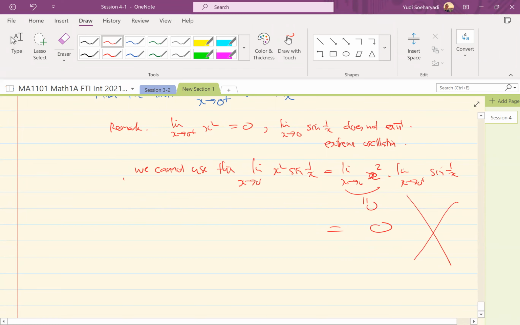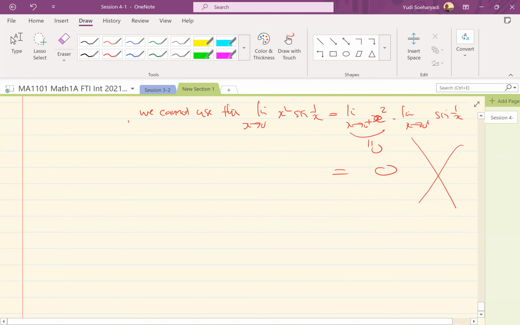See, the limit of this is 0 anyway, but 0 times something that does not exist is questionable, and we'll show later that it's not true. So we cannot use this one. Even though the answer 0 is correct, this is not the way to get the answer. We use the squeeze theorem.